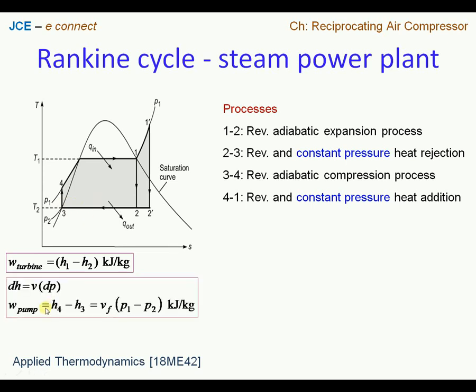Here dH is the change in enthalpy, that is H4 minus H3 from the TS diagram, and V represents specific volume. Point 3 is on the saturated liquid curve, therefore we have Vf at the corresponding pressure. One can refer to the steam tables for the corresponding pressure and get the value of Vf straightforwardly. And dP represents the pressure difference.